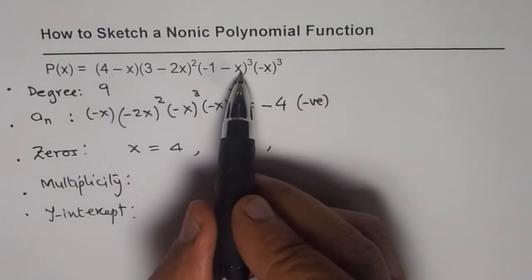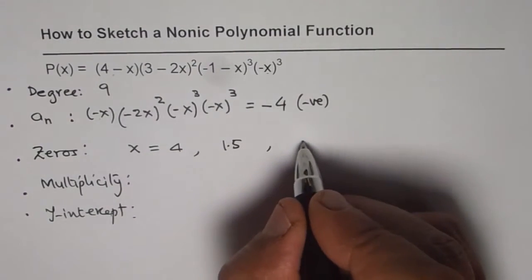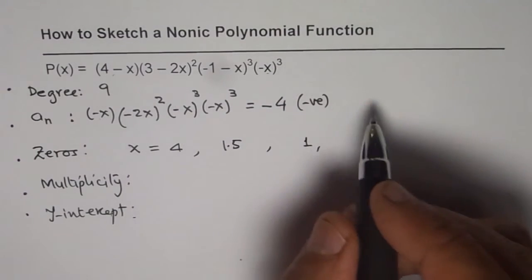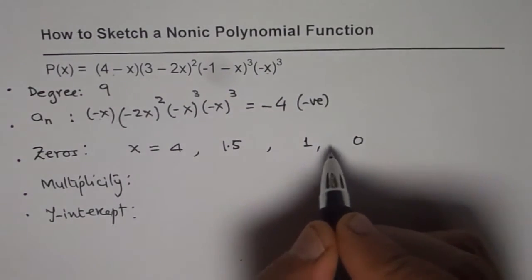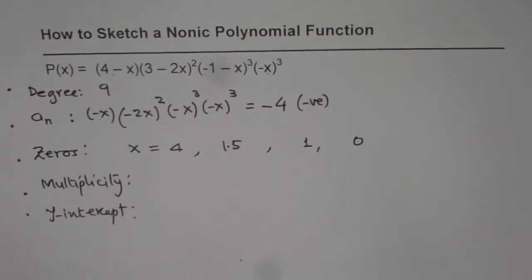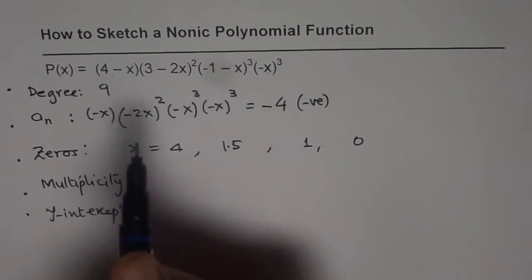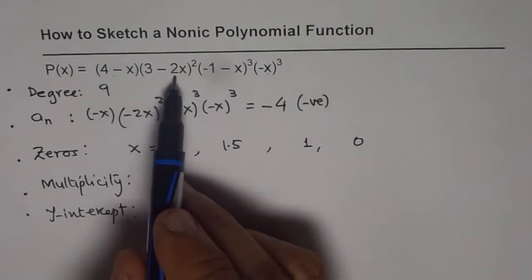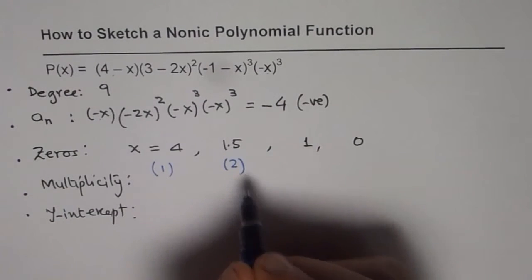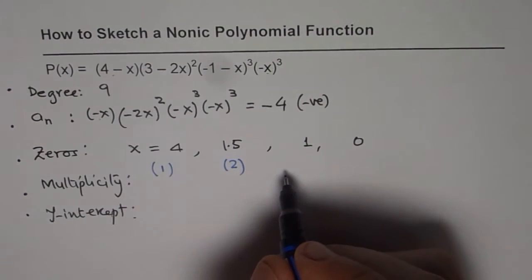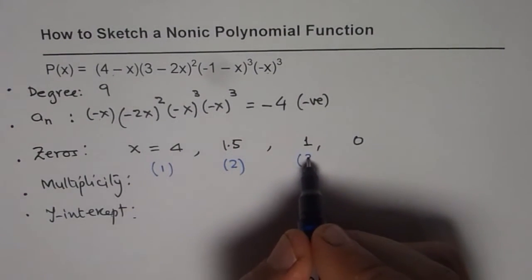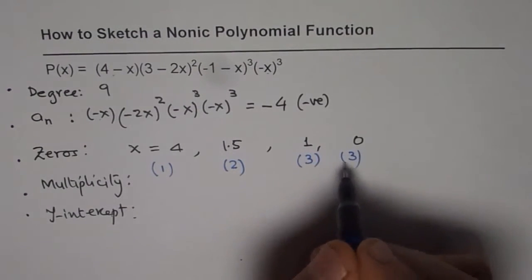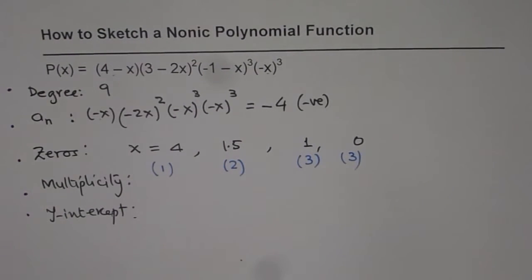Then this one will be at 1. And then we have it at 0. Now these are our zeros. Let's write down their multiplicity also. For the first one, it is linear, so no need to write, but we'll write 1. For 1.5, the second one is of degree 2, or multiplicity 2. Then these are of 3, correct? So these are our zeros.